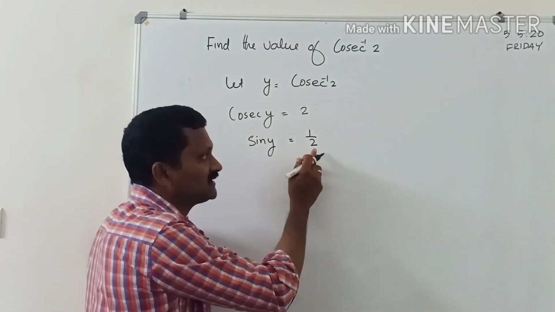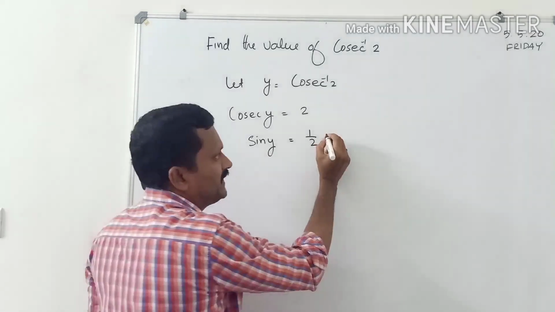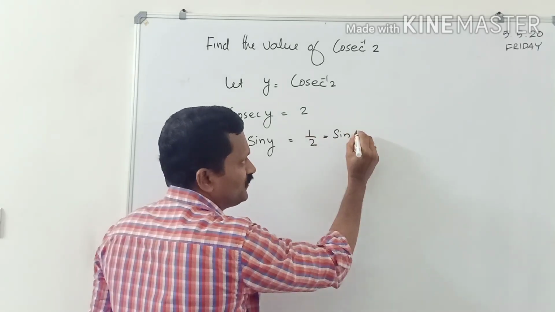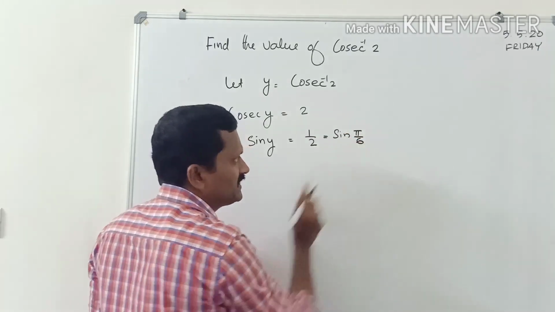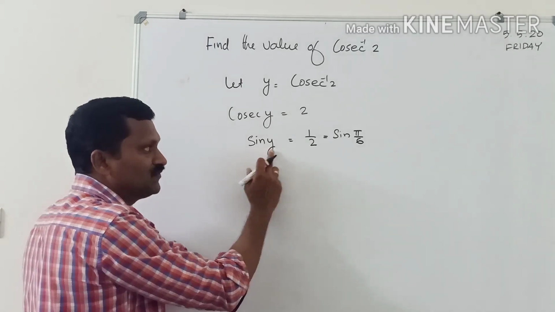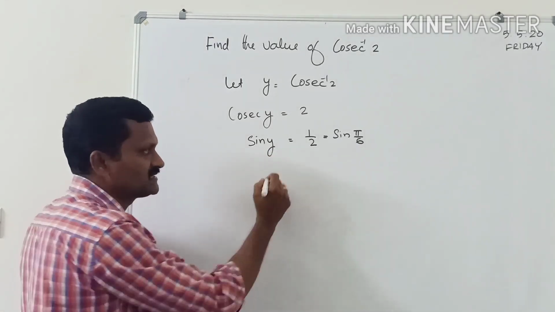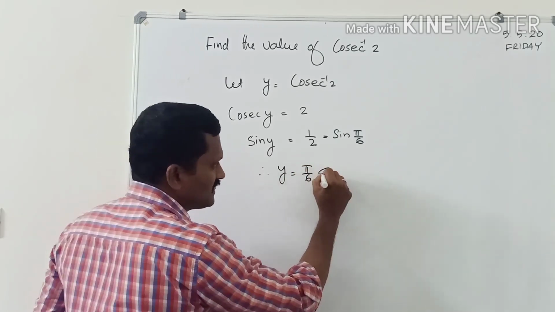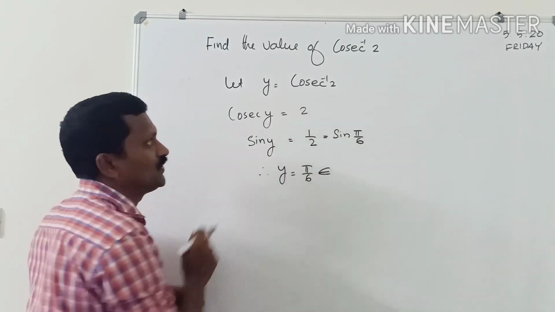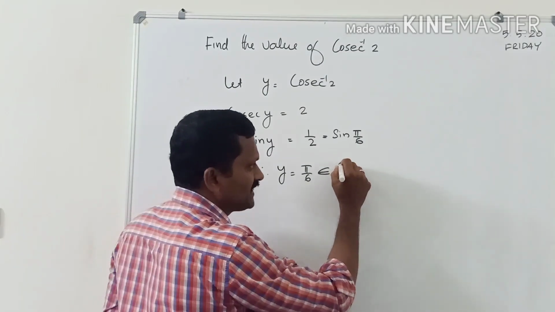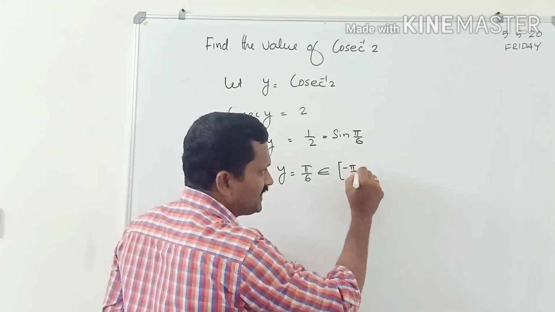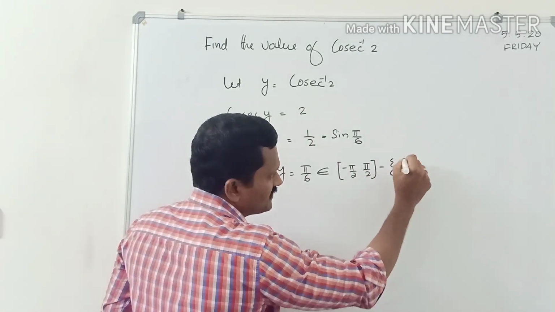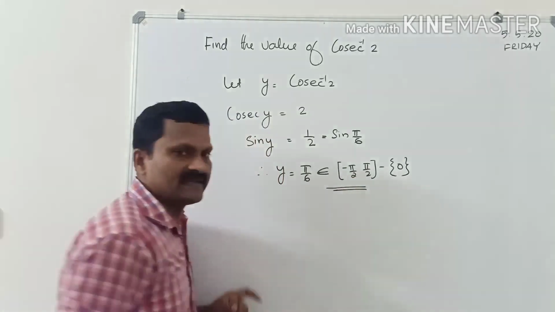We know that sin 30 or sin pi by 6 is 1 by 2. So instead for 1 by 2, we can write it as sin pi by 6. Now sin y equal to sin pi by 6. Therefore y equal to pi by 6. This clearly belongs to the range of cosec inverse x. What is range of cosec inverse x? Minus pi by 2, pi by 2 minus set 0. That's the answer.